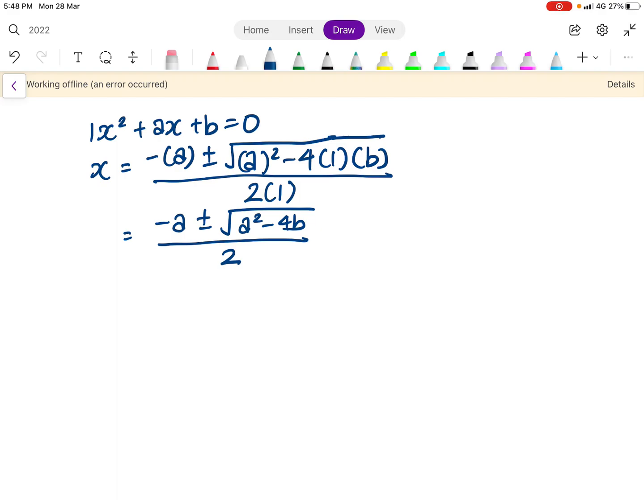So I have to compare this with the question, right? They say that 3 plus 5 root 2 is the root. Remember in the question? So what should I compare? Should I equate this with negative a minus the square root over 2, or should I equate the one with a plus?